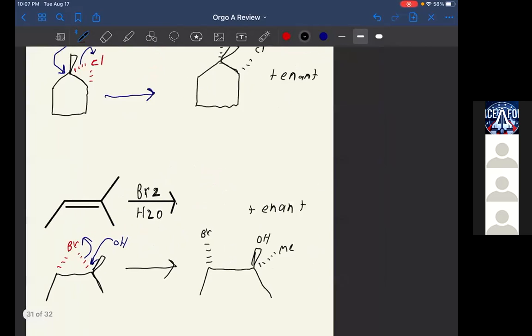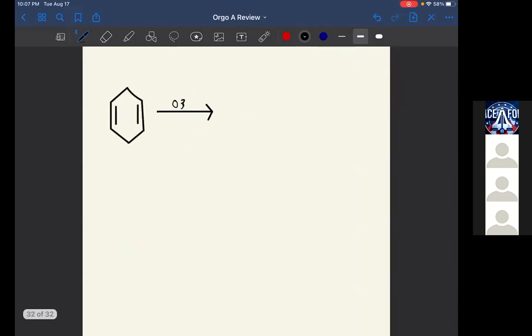Nothing too complicated. And I think the final thing, I just put one ozonolysis in here because it's really easy. So you cut it in half, and that would be your final product. It literally just slices the alkenes in half.